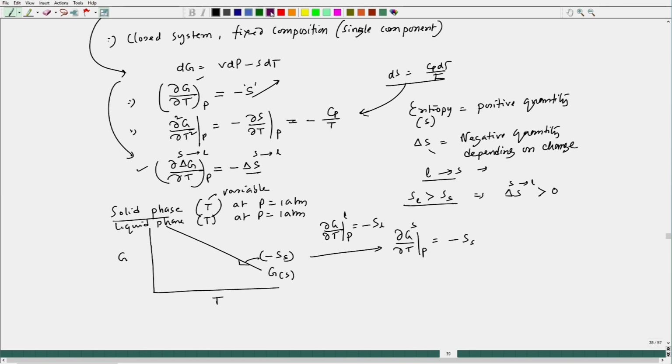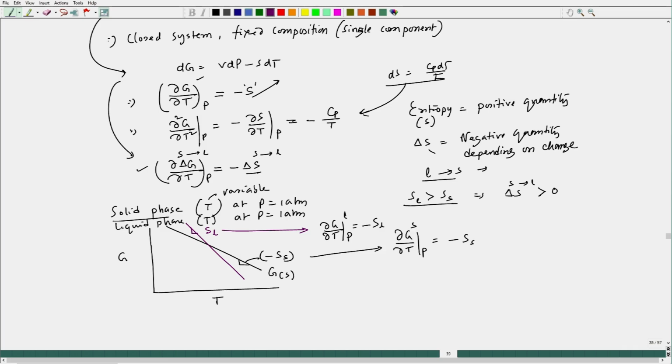So, it will have a slope like this. This is SL.